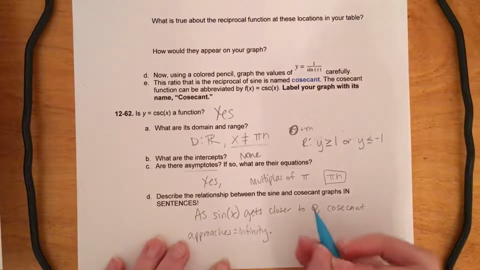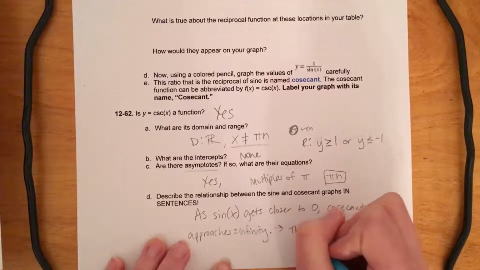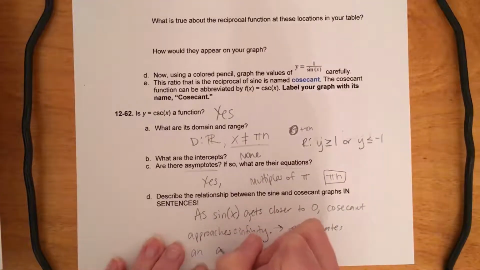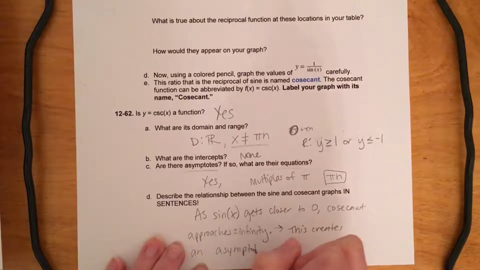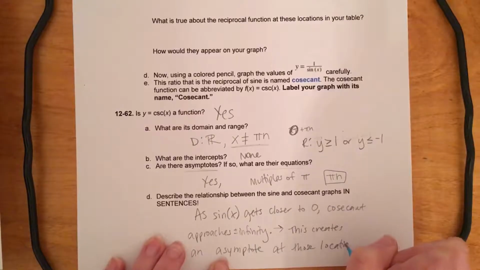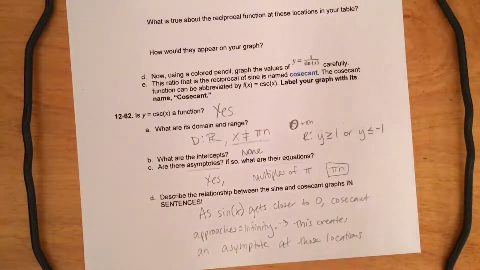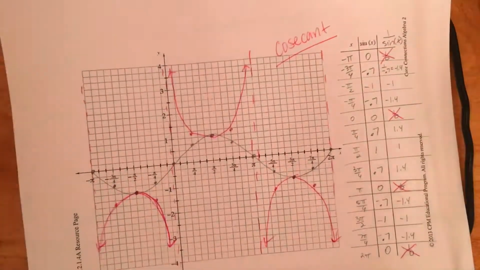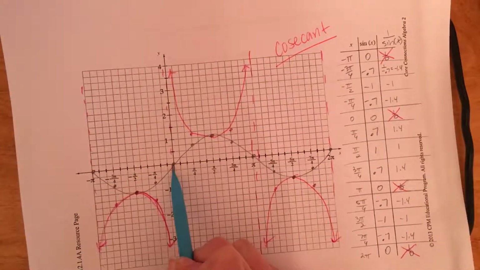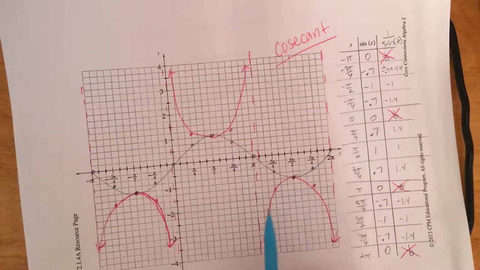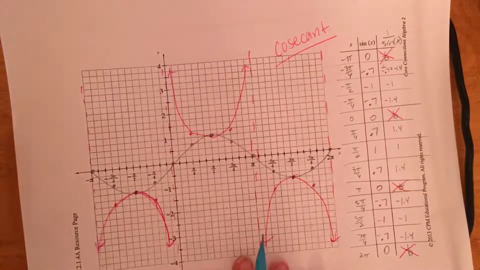And when that happens, let's say this creates an asymptote at those locations. Okay, so that's not the best complete sentence going on, but it's going to work for us. So again, as sine gets closer to 0, its height gets closer to 0, the cosecant is actually getting really, really big in both directions. And then we have asymptotes, which is why it gets bigger in those directions.